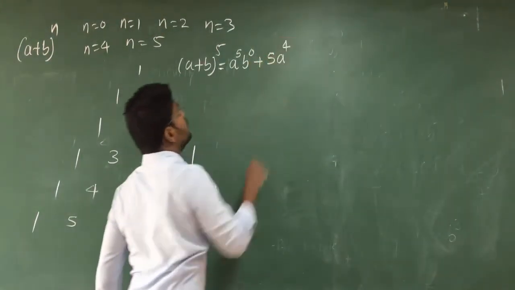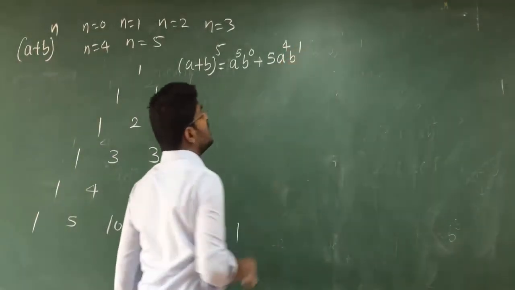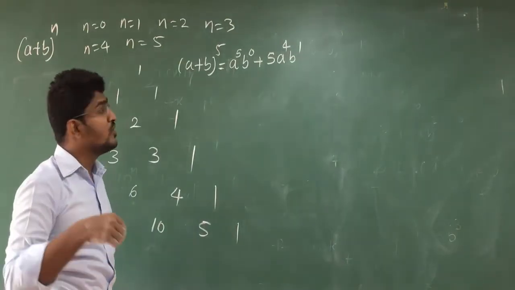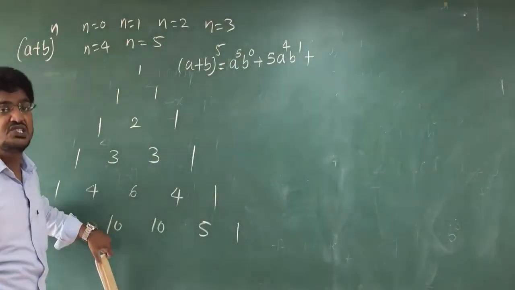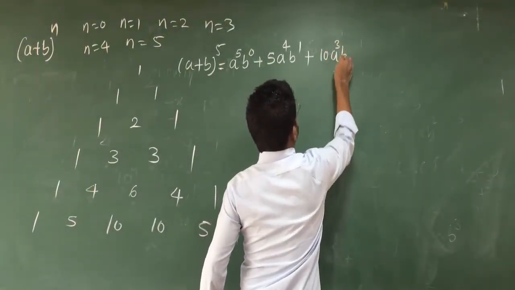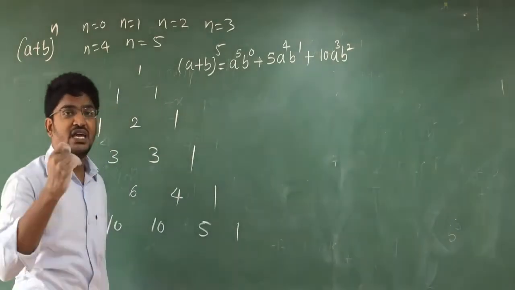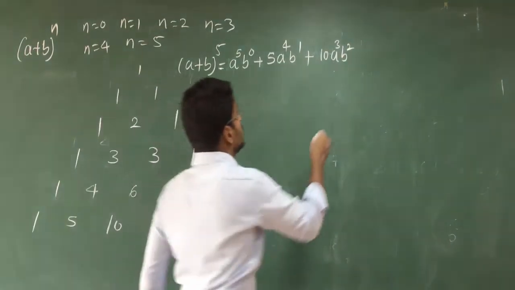5a to the power of 4. I have to decrease my a power and increase my b power. 5a to the power of 4 into b. Next, see this coefficient is 10. 10 a to the power of 3 b squared. I am decreasing my power of a and increasing my power of b.